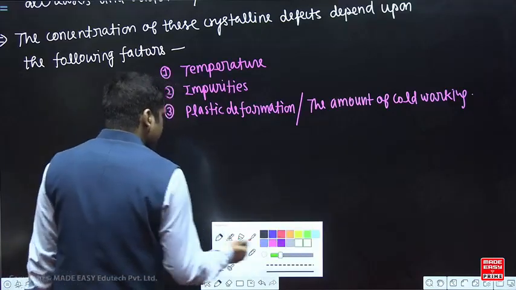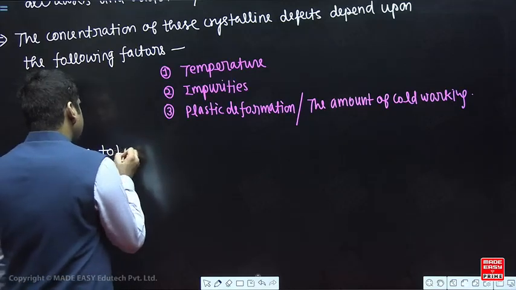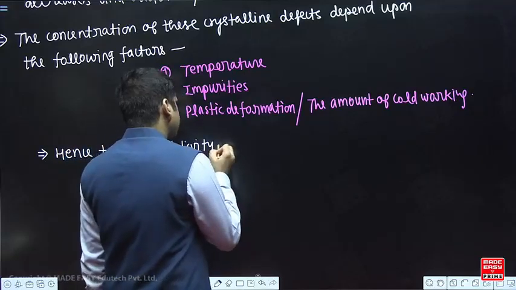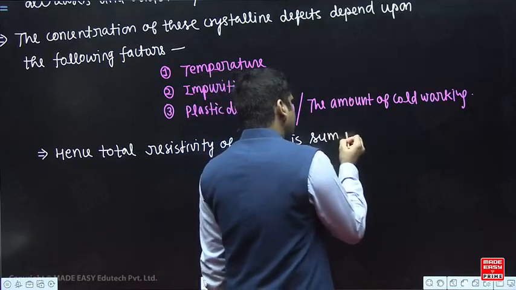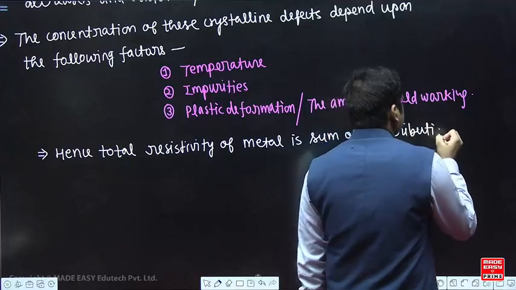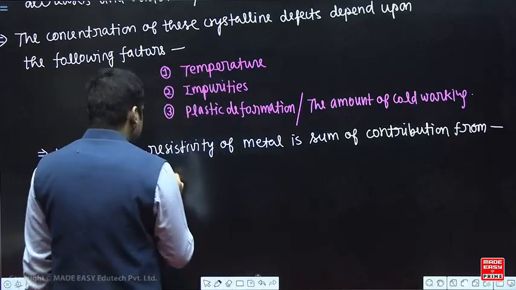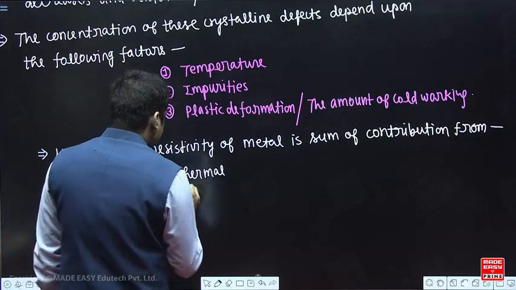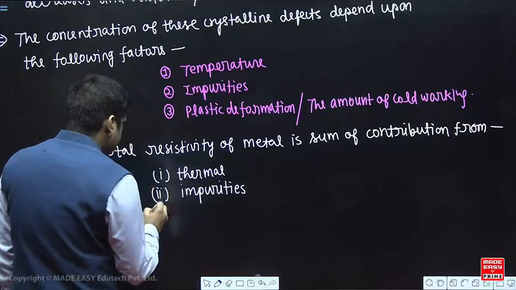Hence, the total resistivity of a metal is the sum of contributions from first, thermal; second, impurities; third, plastic deformation.